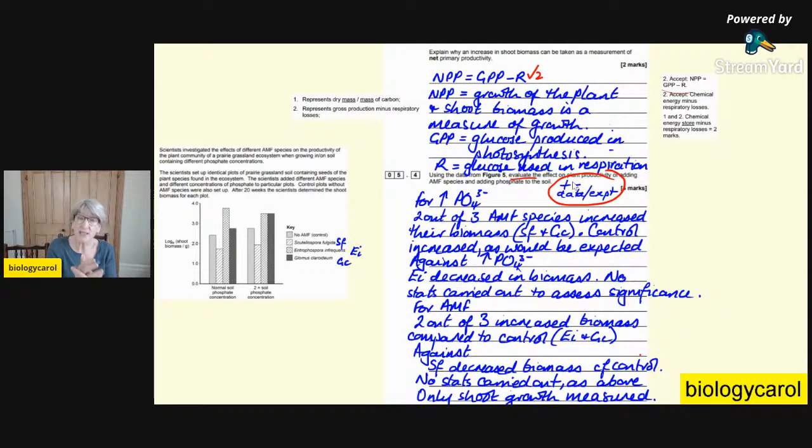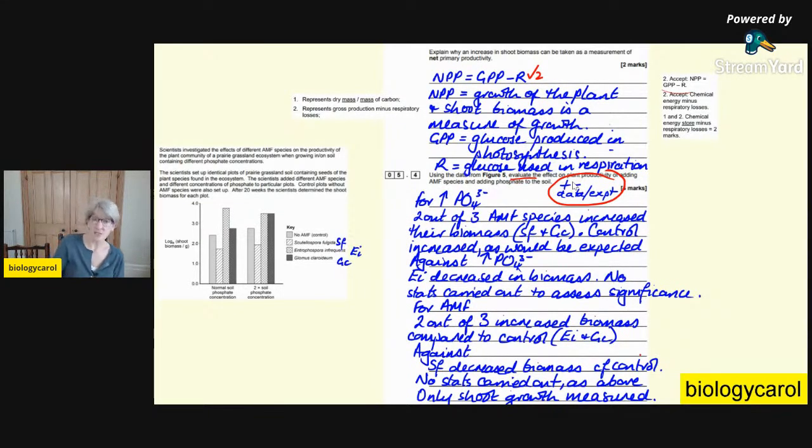And it also means do the fors and againsts from what the data tells you. Look for the things in the data that say, oh yes, increased phosphate does increase the productivity, and look for things in the data that say, no, it doesn't. And then once you've run out of things to say about the data, critique the experiment.